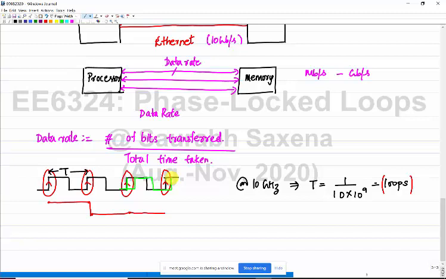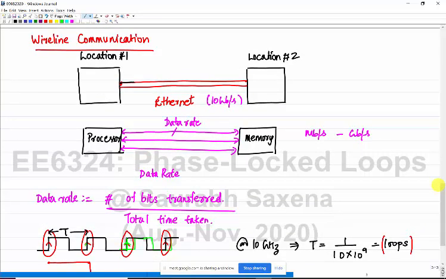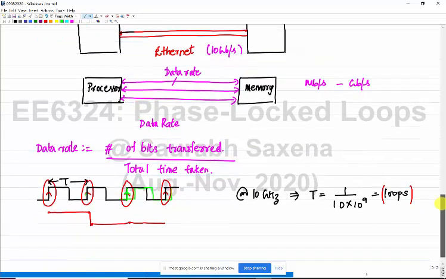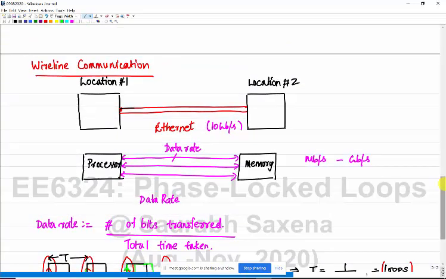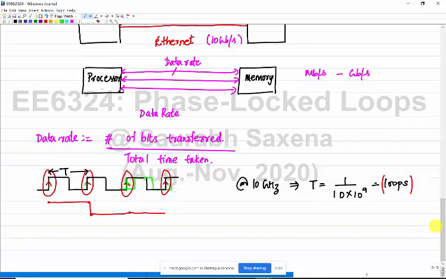So your clock should ideally always come at fixed intervals. In general, for this kind of communication, if you transmit a certain number of bits from one side to the other, then when you receive the bits on the other side, you should not have more than 1 bit error in 1 trillion bits.